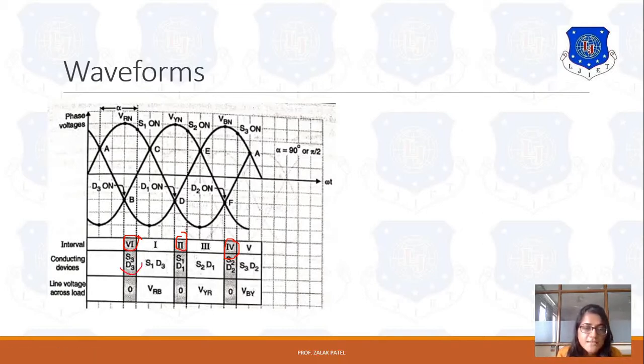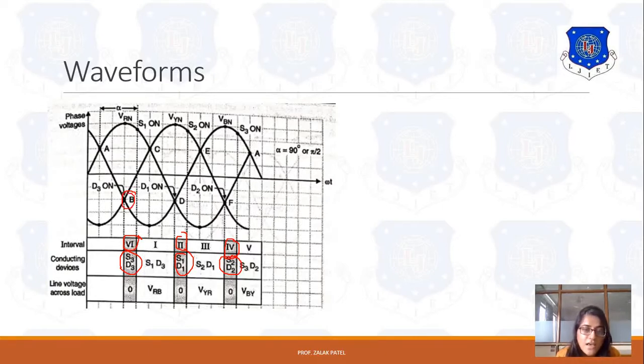So here S3 with D3, S1 with D1, S2 with D2, which means there is no phase difference between SCR and diode. Here S3 is not conducting with D2 or D1, but with D3. That's why you can see that at that point only diode D3 will operate.